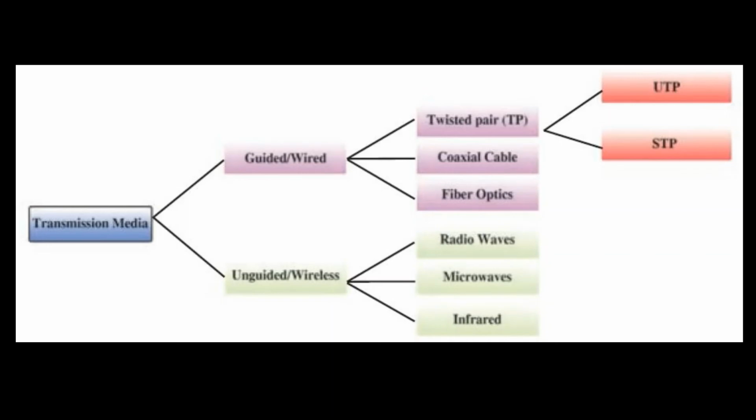And guided and wired media can be again categorized into three, as twisted pair, coaxial cable, and fiber optics. Unguided or wireless media can be categorized into three, like radio waves, microwaves, and infrared.